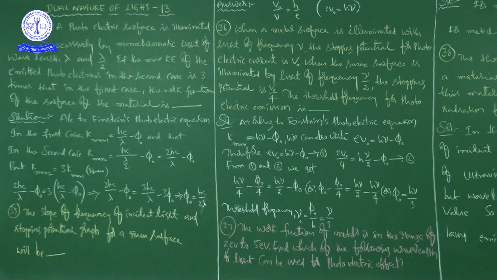If the maximum kinetic energy of the emitted photoelectrons in the second case, that is in case of lambda by 2, is 3 times that in the first case. So what is this 3 times in the first case? Maximum kinetic energy. And we need the work function of the surface of the material. So by giving a situation, the same metallic surface is exposed to electromagnetic radiation, light of 2 different wavelengths.